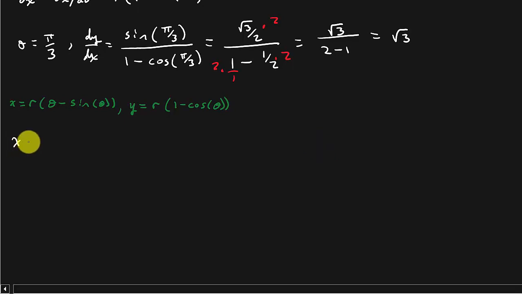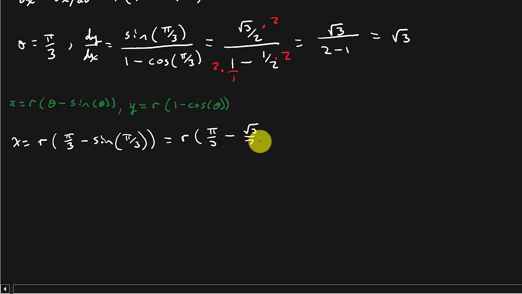So I've got X equal to R times pi over 3 minus sine of pi over 3. That's R times pi over 3 minus, and the sine of pi over 3 is square root of 3 over 2.